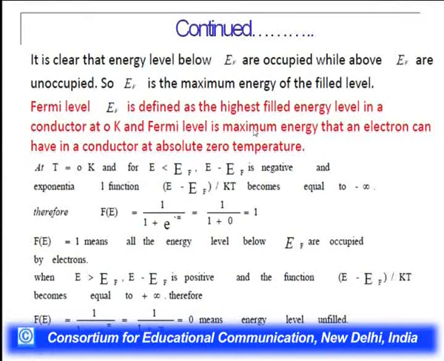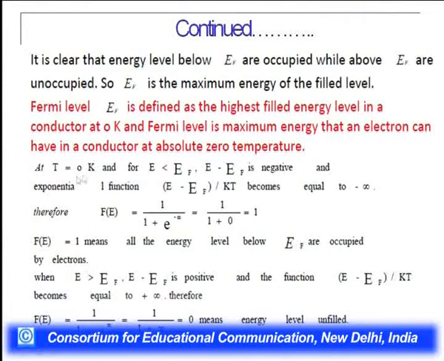That energy is known as the Fermi energy. Now we define, at T equal to 0 Kelvin, for E less than Ef: the energy is less than the Fermi energy, E minus Ef is negative, and the exponent (E minus Ef) by kT becomes equal to minus infinity.